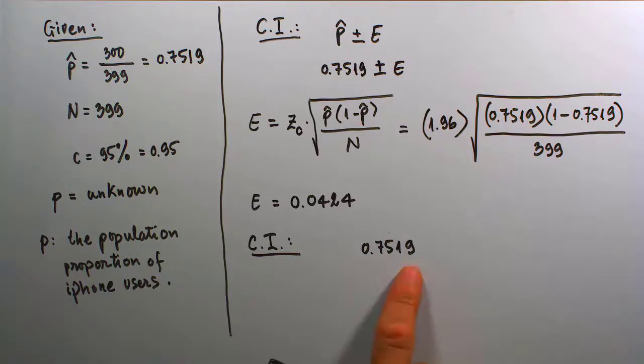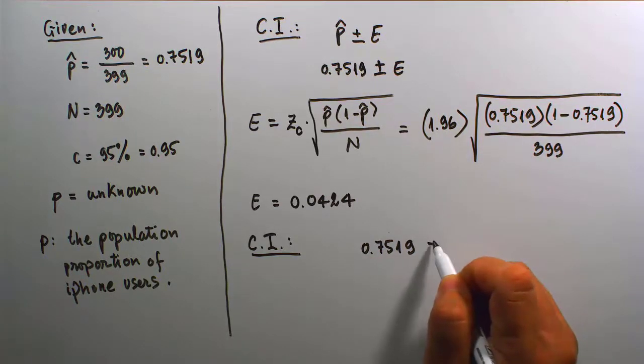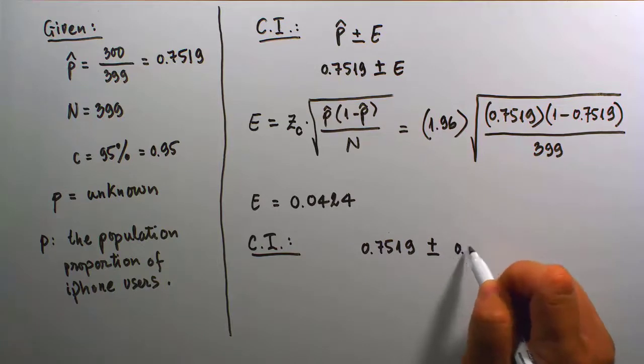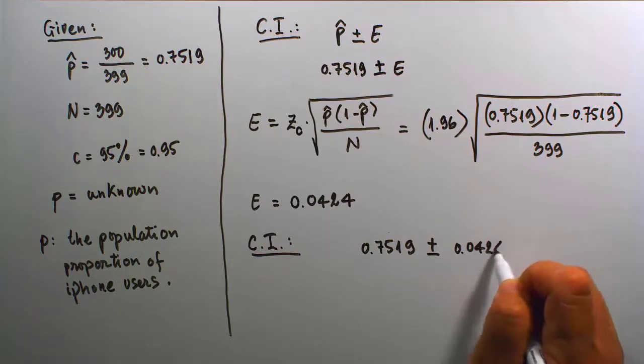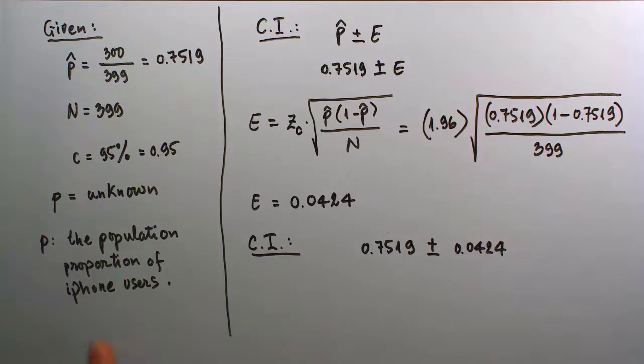So the sample proportion value here is 0.7519, up and down by 0.0424, meaning the true global population proportion of iPhone users is anywhere 0.0424 up and down from our sample proportion, currently being 0.7519.